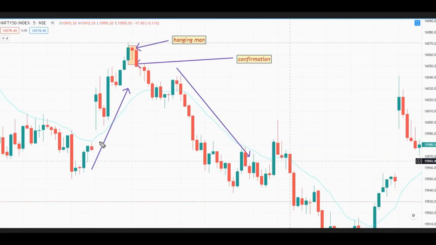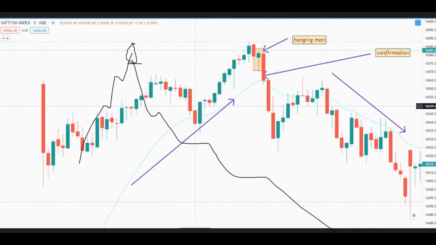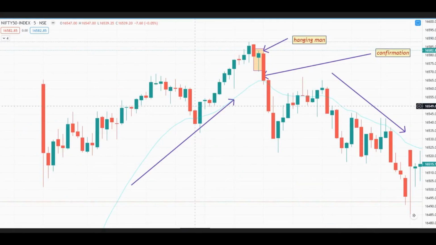See, proper uptrend, hanging man, confirmation, trend change. Confirmation: when the hanging man's low breaks here, then we get a confirmation that now prices could reverse, with stop loss above the swing high.